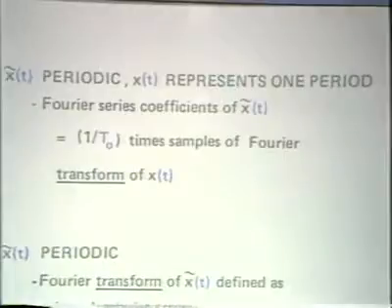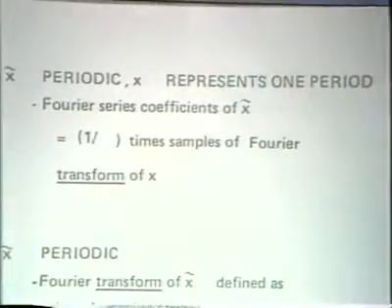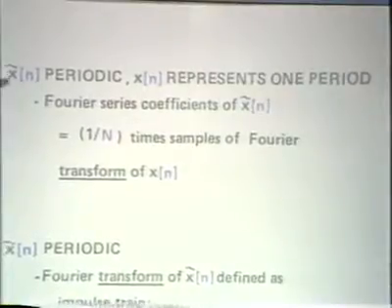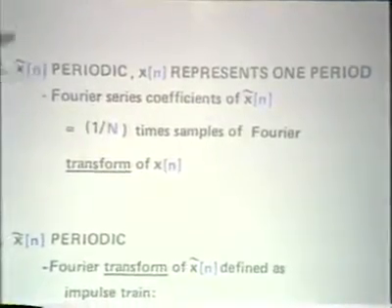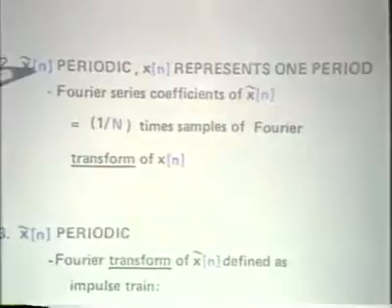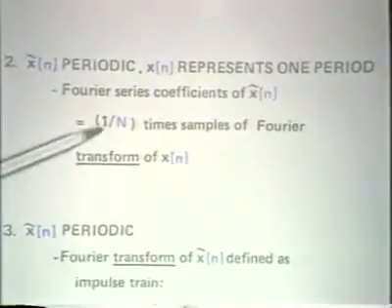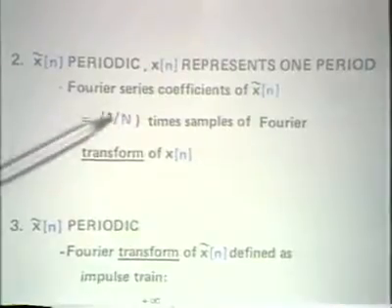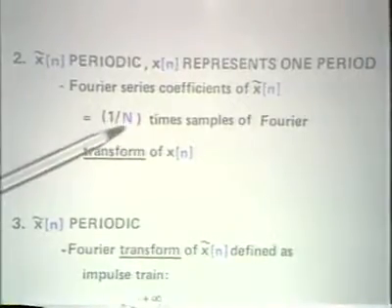And in discrete time, we have precisely the same relationship, except that here we're talking about an integer variable as opposed to the continuous variable, and a period of capital N as opposed to a period of T0.